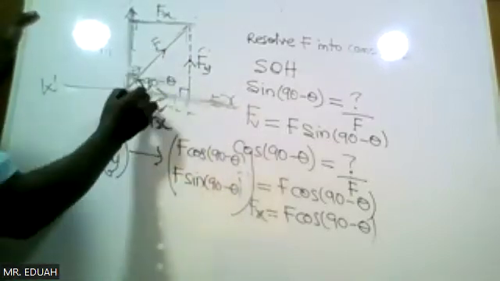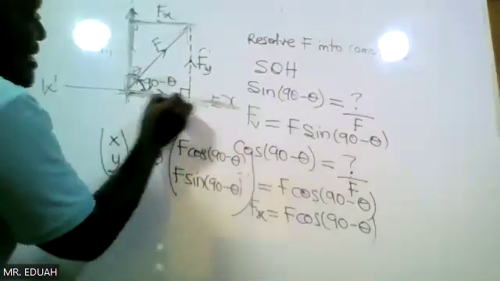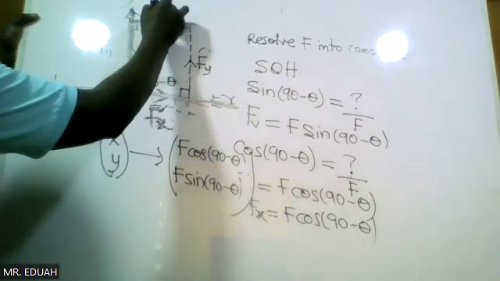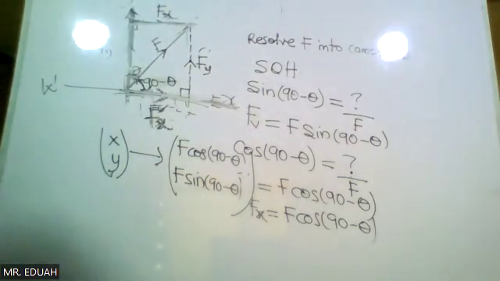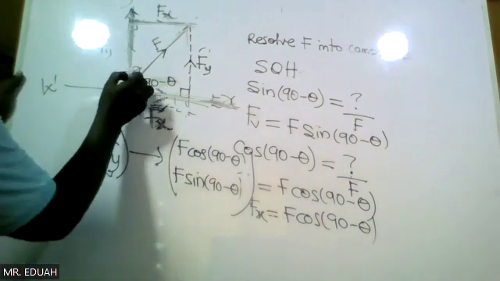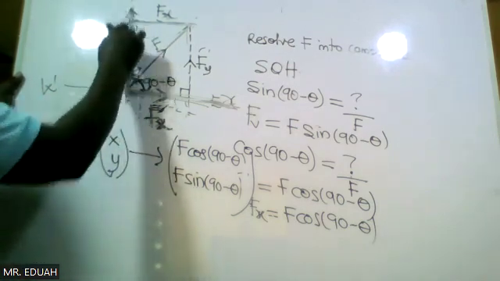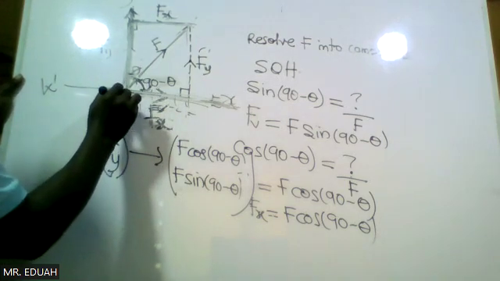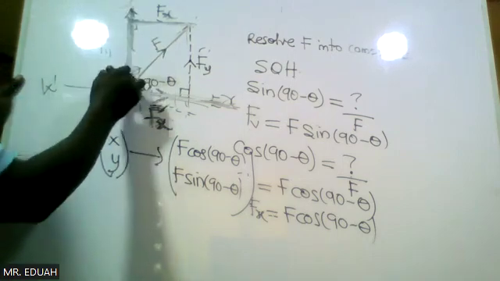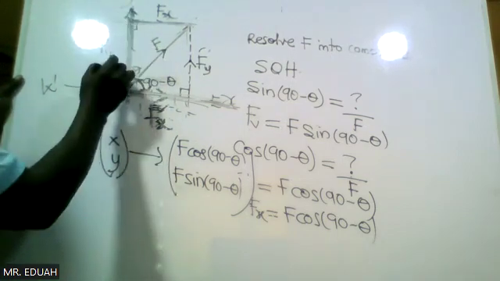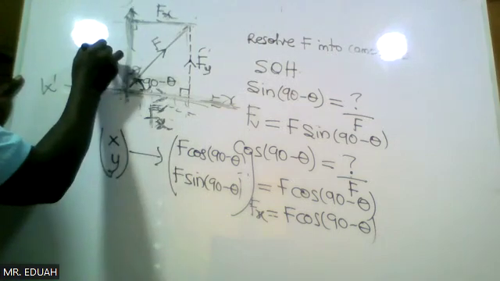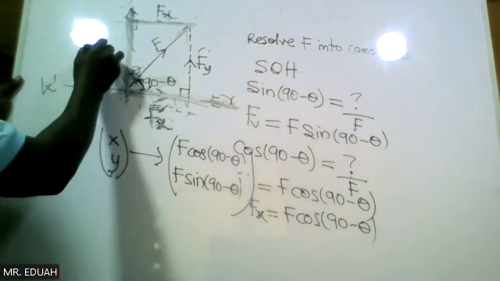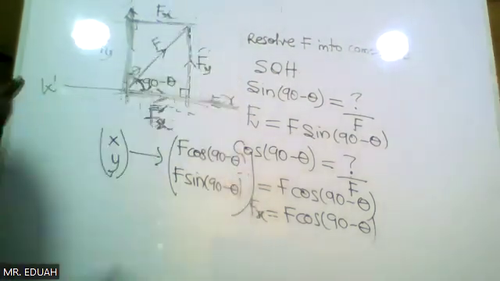So this side is the same as this side. If we are calling this horizontal or x, this must also be x. Now, this side is adjacent to this angle, but it lies within the y-axis. It can be read from the y-axis, so this side will also be Fy, just as we had here.